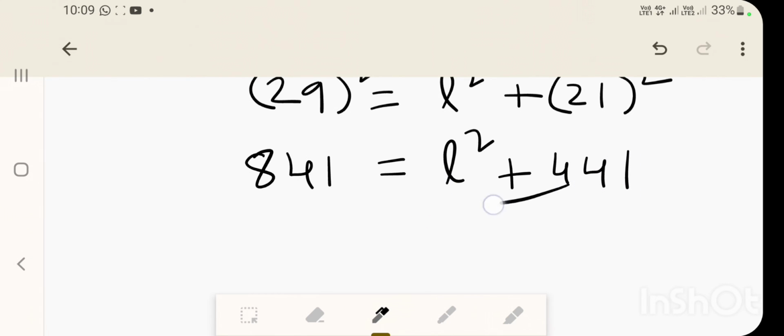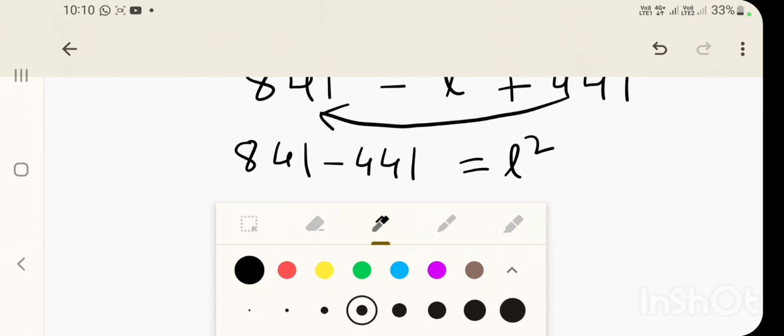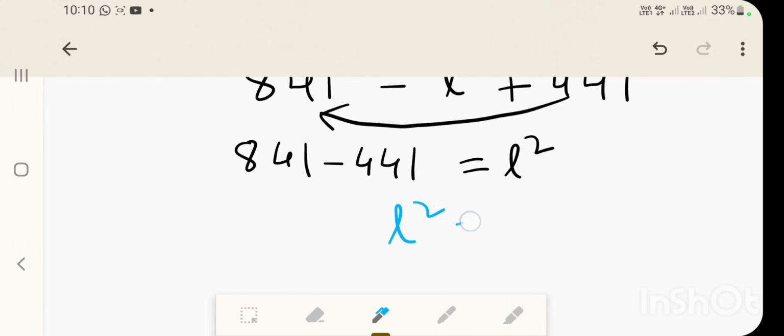Same way as we did in lecture 3 earlier, we bring this 441 to the left hand side. So we get 841 minus 441 equal to L square. 841 minus 441 is 400.